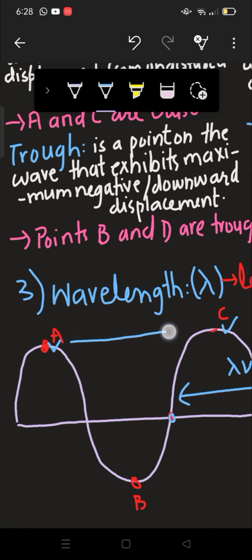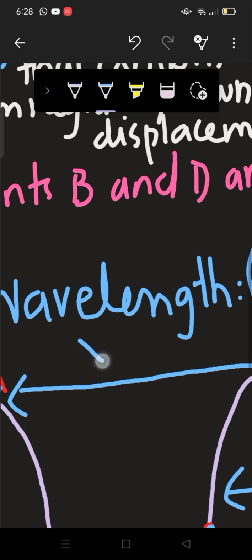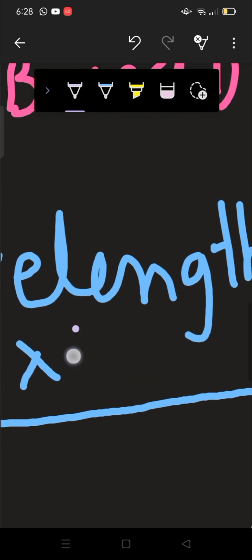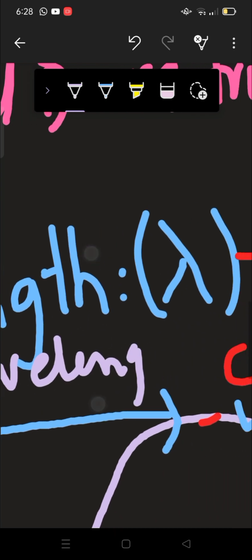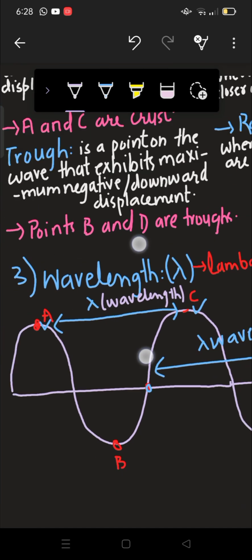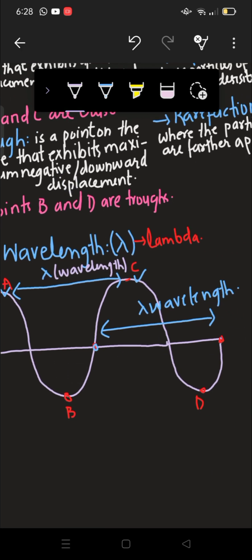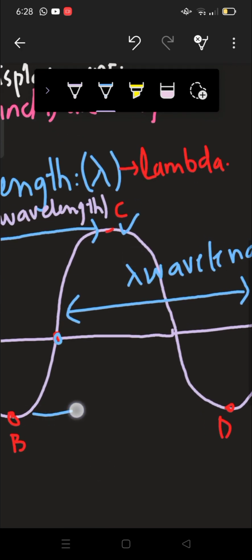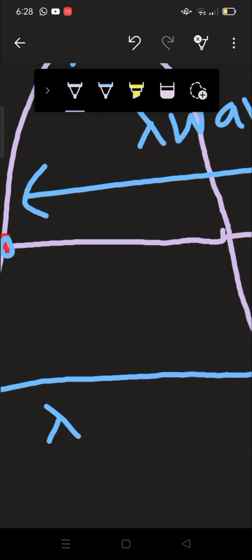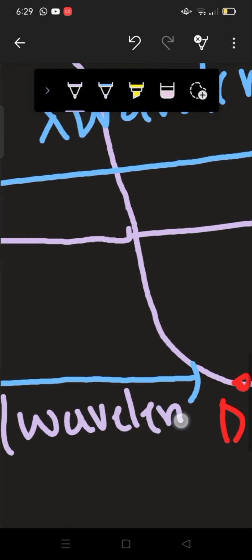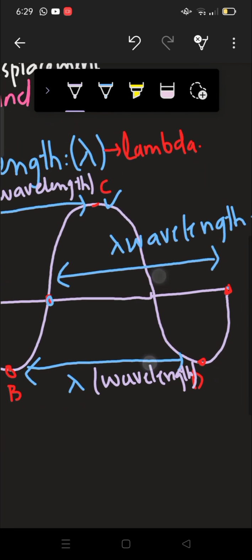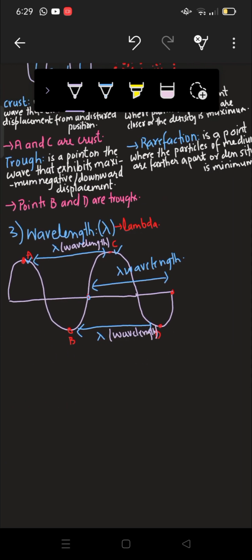The distance between them is what we call lambda, the wavelength.